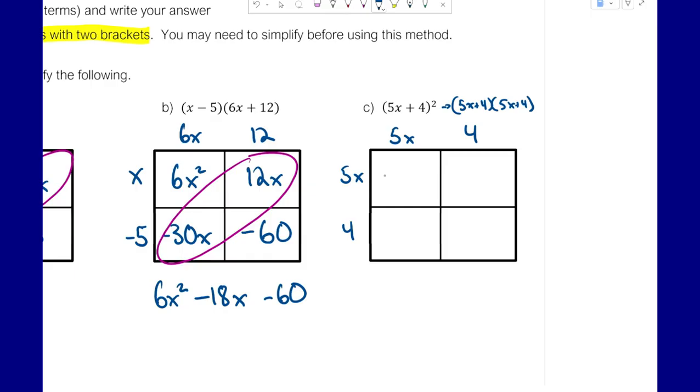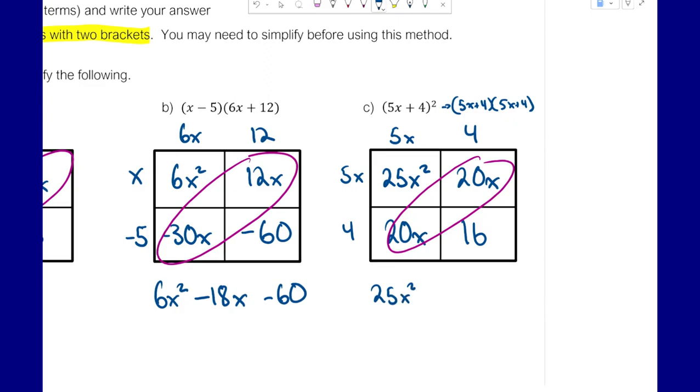So 5x times 5x is 25x squared. 5x times 4 is 20x. 4 times 5x is 20x. And 4 times 4 is 16. Collect our like terms. We end up with 25x squared plus 40x plus 16.